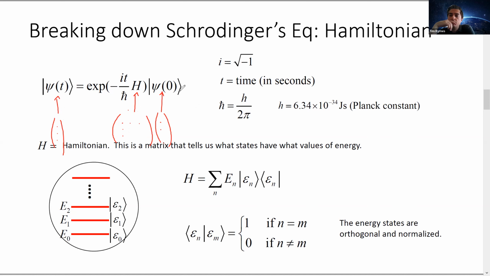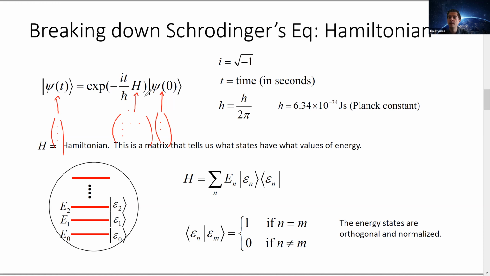Yes, exponential. Yes, good question. Yes, we'll get to that. Exactly. This Hamiltonian is a matrix, but we're actually putting the matrix within the exponential. So it's the exponential to the power of a matrix.